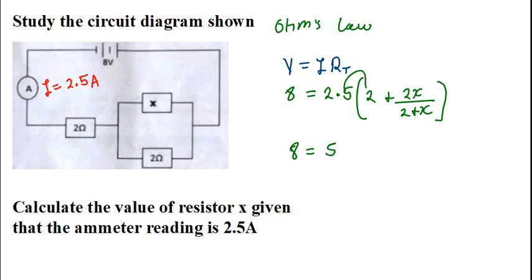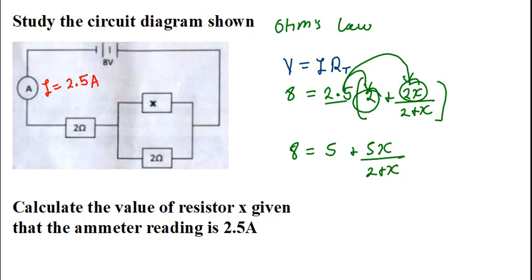You also have to multiply it by that one. Don't make a mistake of multiplying by the denominator, because the denominator of 2.5 is 1, so you don't really have to focus on it. That would be 5 plus 5x divided by 2 plus x, since I've multiplied this one by the 2 as well as by the 2x.